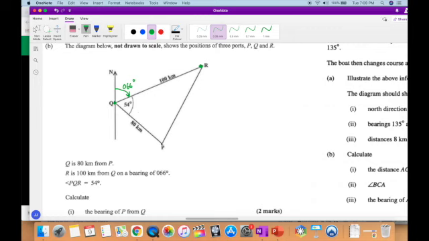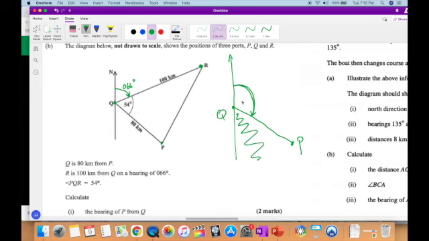P is at a bearing of what from Q? If this is Q, and this is P, and this is the north line, this here is the bearing of P from Q. So the bearing is measured from the north line to here. So I don't need this, I just want this.